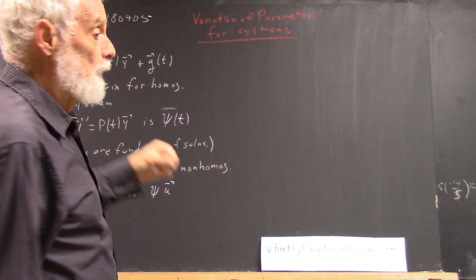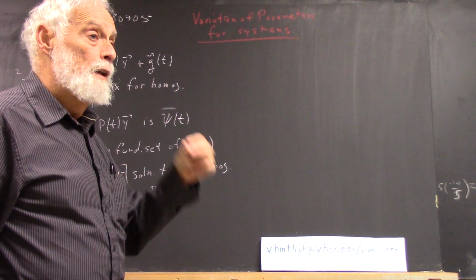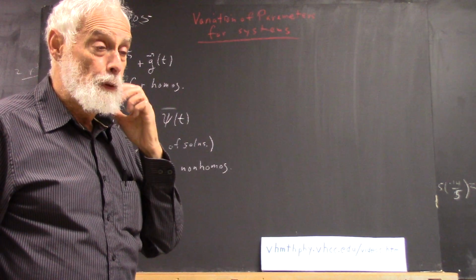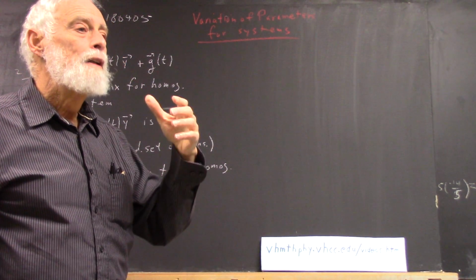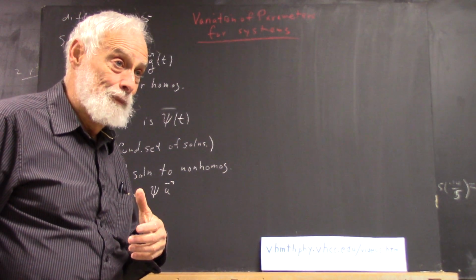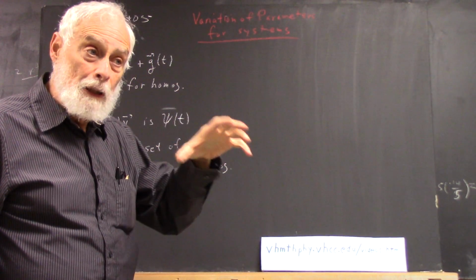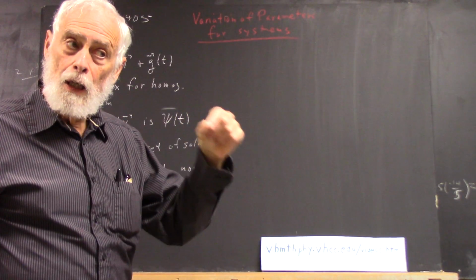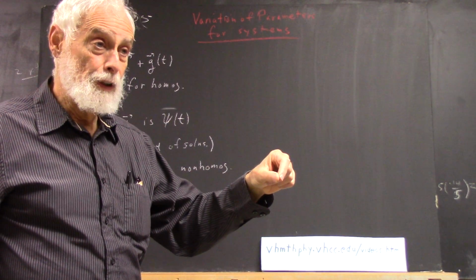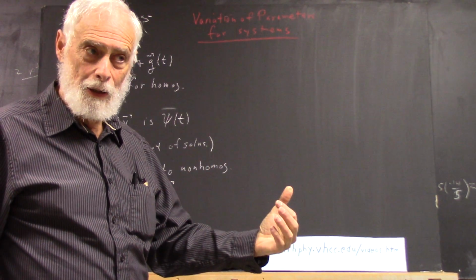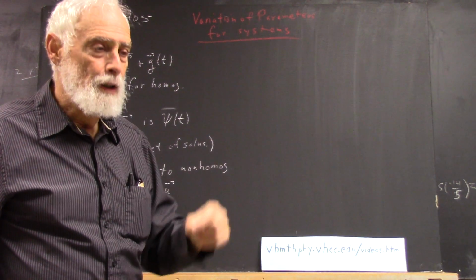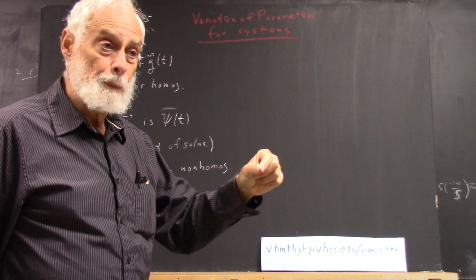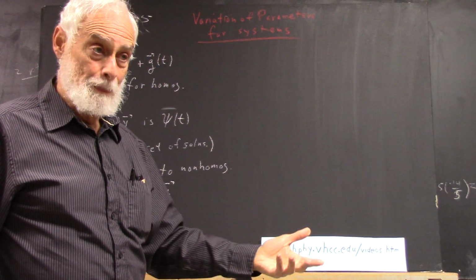Now remember, for an individual equation, our premise for variation of parameters was that we have a fundamental set, and we do something like a linear combination of the fundamental set, except it's not a linear combination because you multiply each member of the fundamental set by a function.